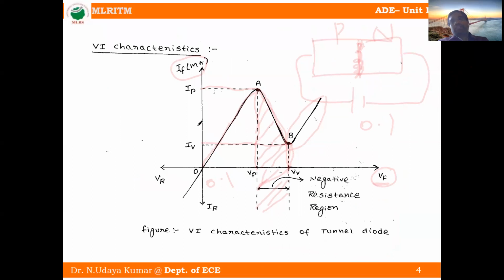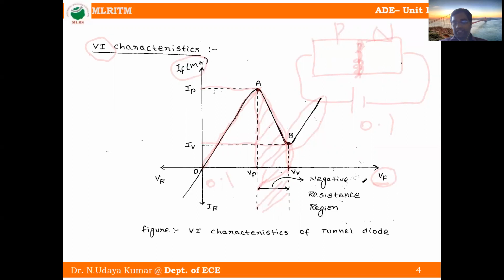Next, tunnel diode characteristics are explained in two methods. One is VI characteristics, the other is energy band theory. VI characteristics means when forward voltage is very small, current increases very sharply up to a point A. That point we call the peak point.